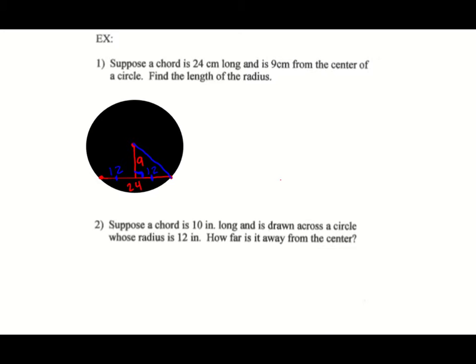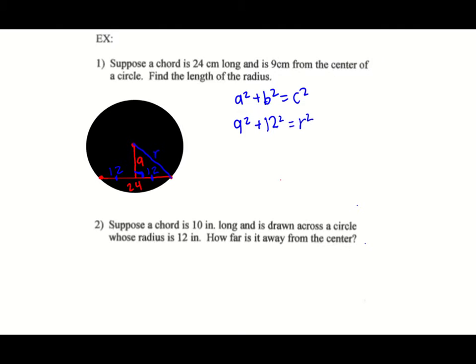So now, if you look here, I have a right triangle with a leg of 9 and a leg of 12, and I'm trying to find my radius, r. So I'm going to use the Pythagorean theorem for a right triangle, a squared plus b squared equals c squared. In this case, my a is 9, my b is 12, and my c is my radius, my unknown.